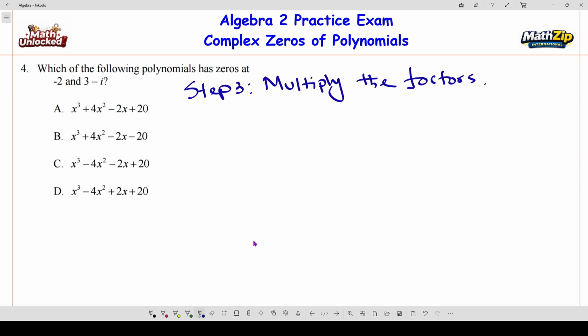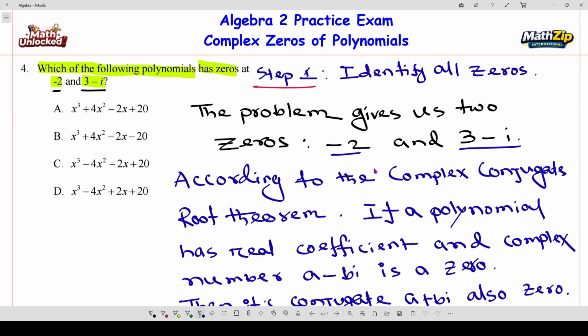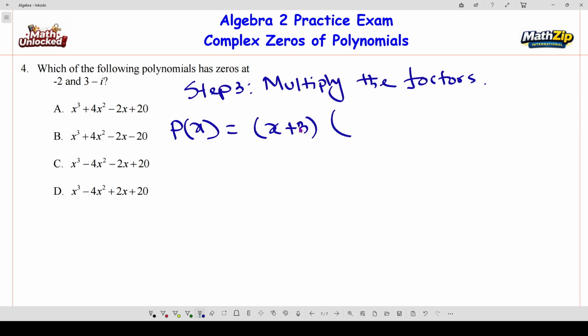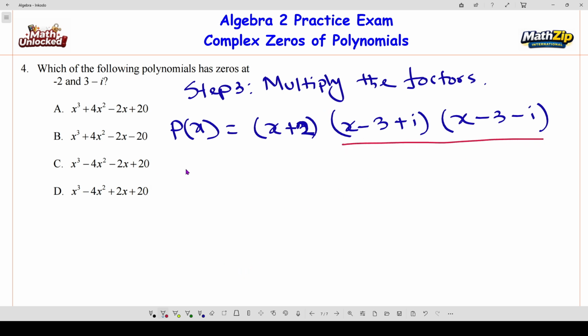So we can write P(x) equals x plus 2, then x minus 3 plus i, and then x minus 3 minus i. First, we multiply these two.